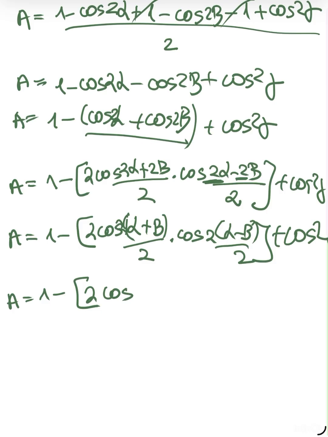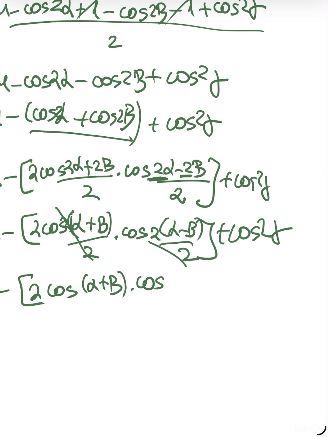We just simplify: we reduce the number 2 from the numerator and the denominator, and we are only obtaining cosine alpha plus beta. The same here, we are just simplifying, and we obtain alpha minus beta, and the whole thing plus cosine 2 gamma.